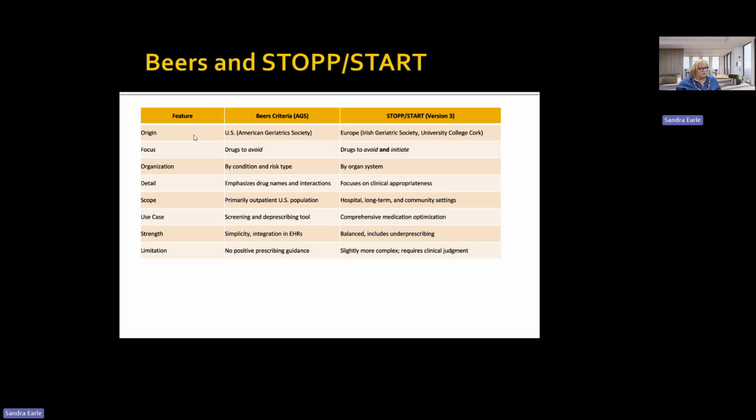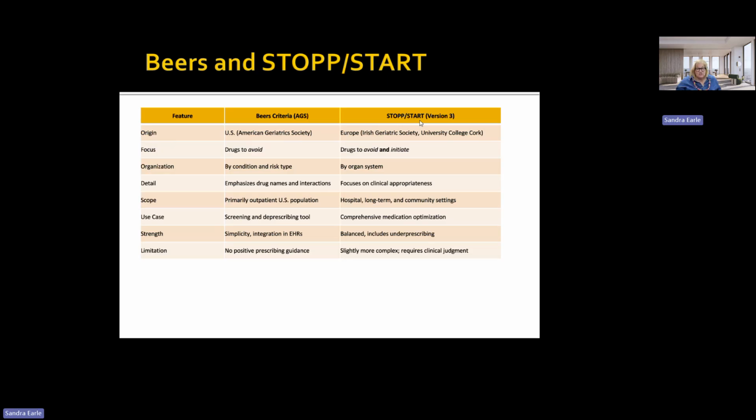So just as an overview, the Beers versus STOPP/START. Beers is done by the American Geriatrics Society, so it's US based, versus a European origin for the STOPP/START. Focus for the Beers criteria are drugs to avoid. STOPP/START gives you drugs to avoid and initiate. You can remember that by the stop and start.